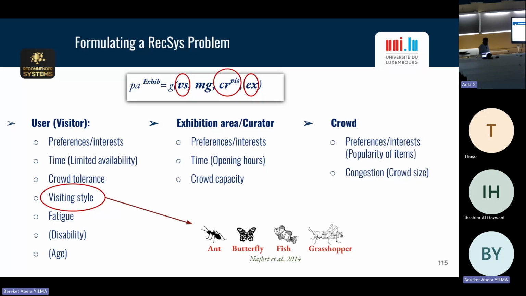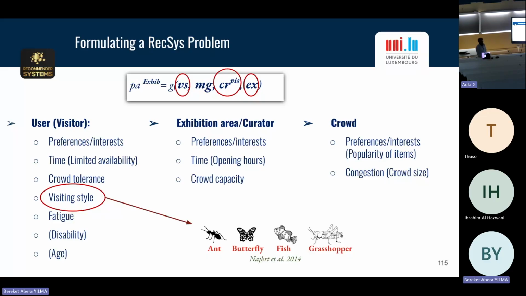And the crowds, like I said earlier, other visitors, could have their own different preferences, their ratings, which could in turn have some influence on the popularity of certain paintings. Some paintings become quite famous and popular because of how the public perceives them. And this might affect a new user.